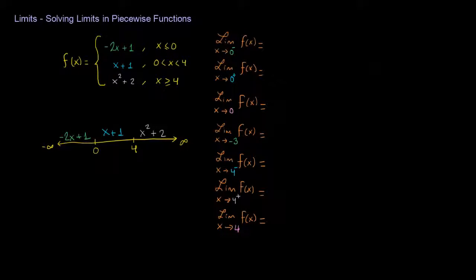Now let's get to the actual limits. The first one is the limit for f of x when x approaches 0 from the left. From the left of the 0, we have to use this piece here. So I'm going to write it as it should be: the limit when x approaches 0 from the left, we have to use the negative 2 times x plus 1.